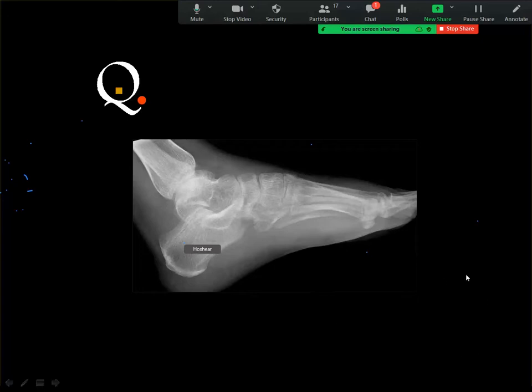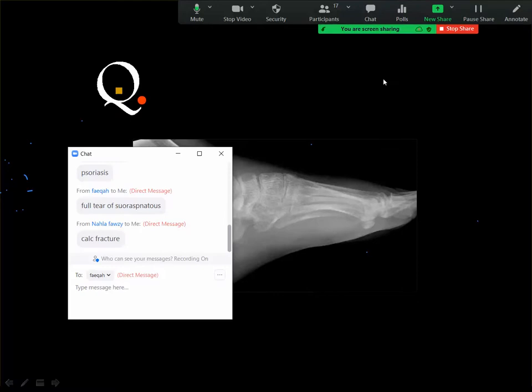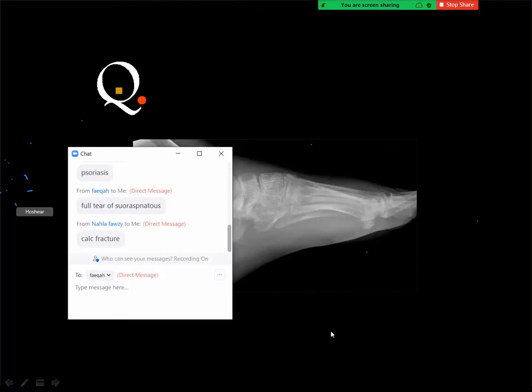Yes, any answer? If you want to write the answer, write only one word or two, so that you can deliver me your opinion. And here we have an answer: calcanean fracture. No, this is not calcanean fracture.